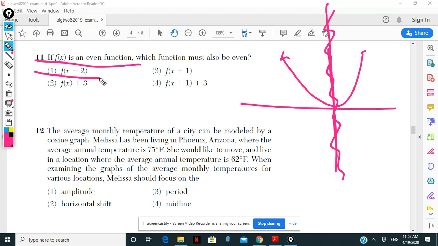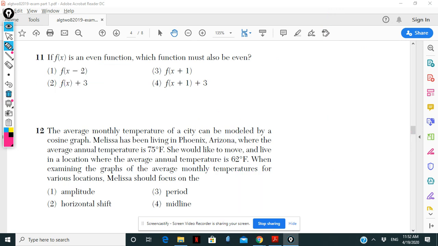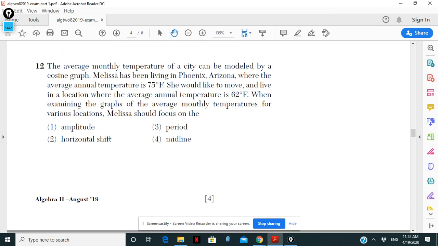Here I have a right shift, which means I move the function to the right and I lose the symmetry, so that's incorrect. Now, for 2, I move the function up by 3, so I still have the symmetry, so that's the only one correct. Any translation to the left or to the right is going to make you lose the symmetry.